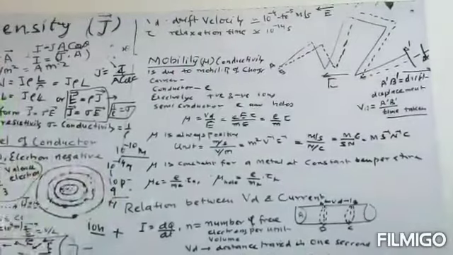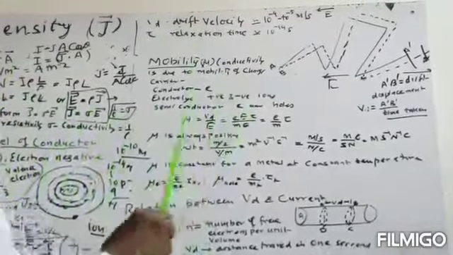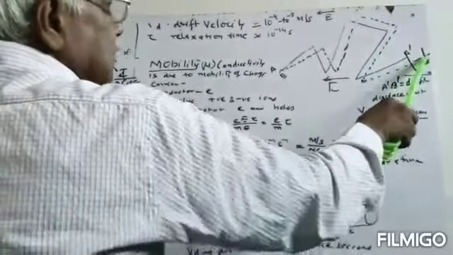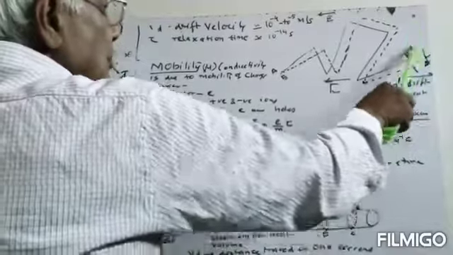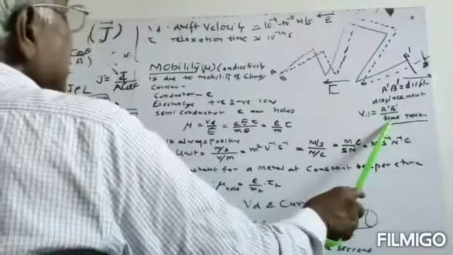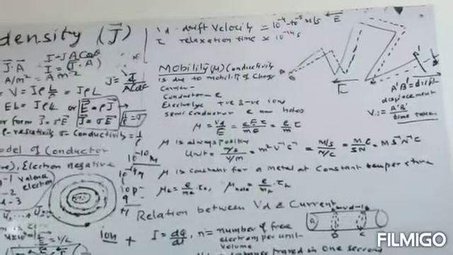The drift displacement is very small, so the drift velocity is very small, of the order of 10 raised to minus 4 to 10 raised to minus 5 meter per second.